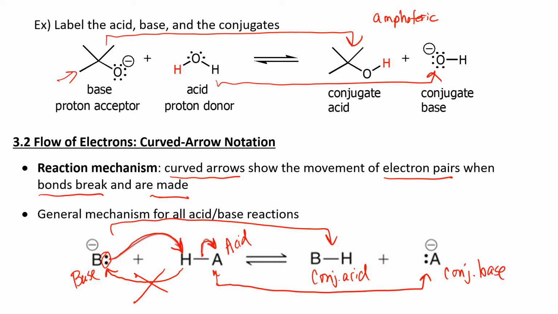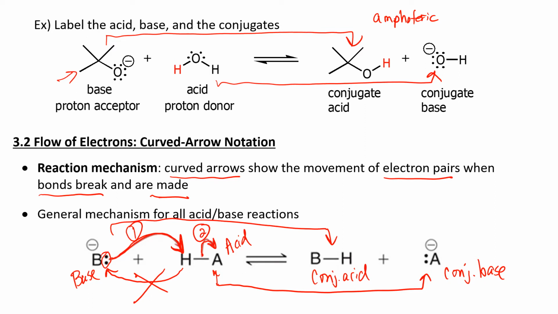There's always two arrows. One in which the base attacks the hydrogen, and the second represents the bond breaking between H and the rest of the acid molecule. Every single time. 1, 2. In every single acid-base reaction. They're all the same.